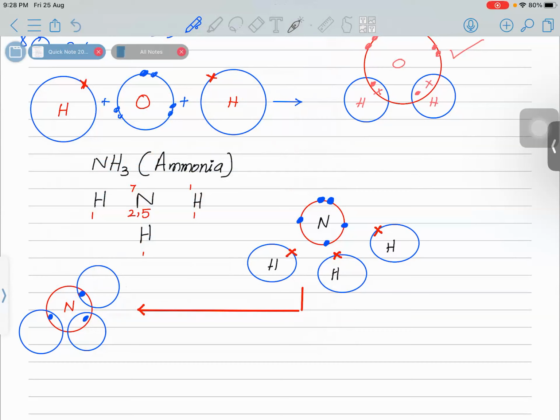So of the 5 electrons, 2 are a lone pair, and then the cross bonds. This is NH3. This is ammonia, and these are hydrogen.